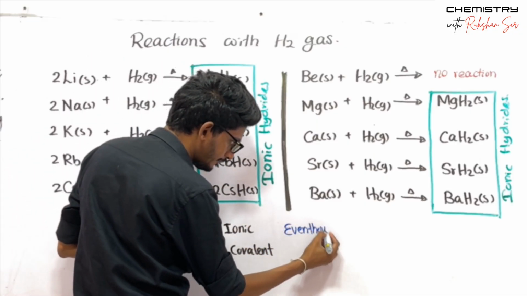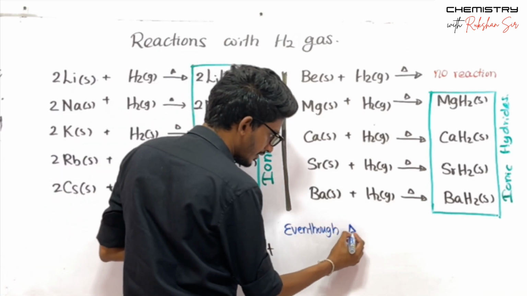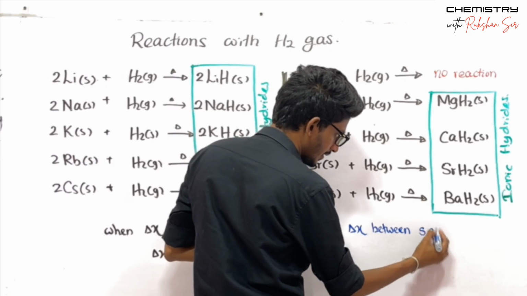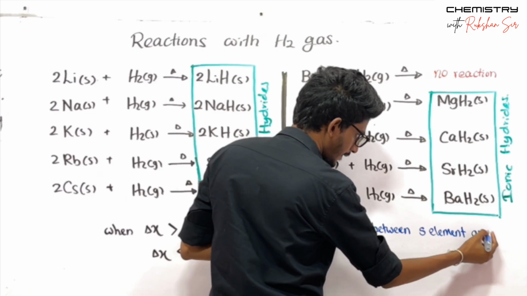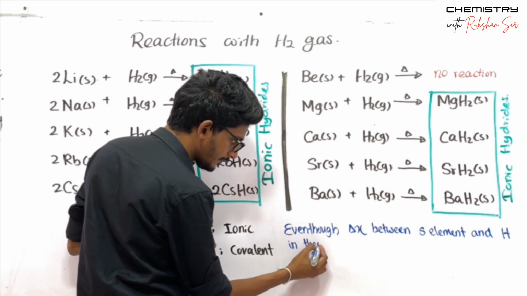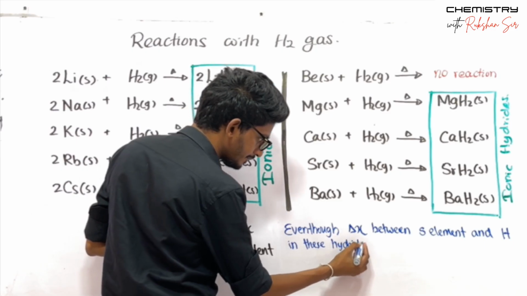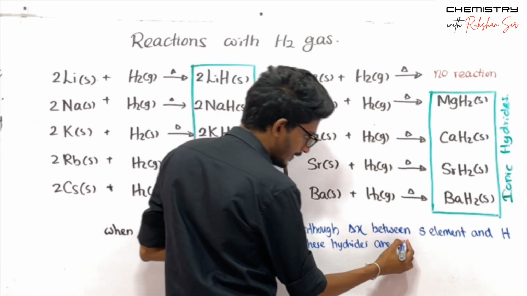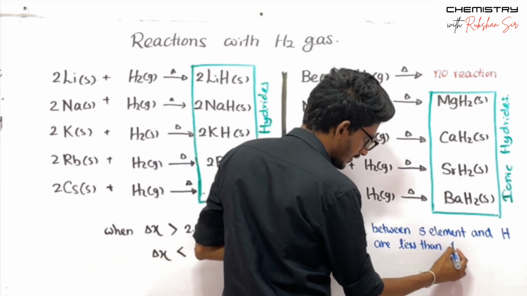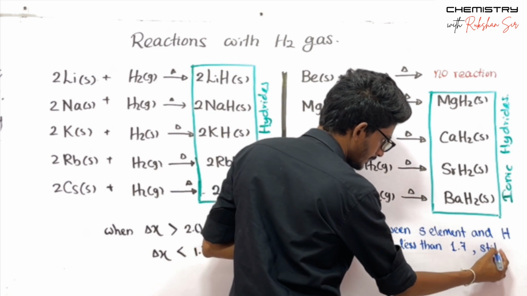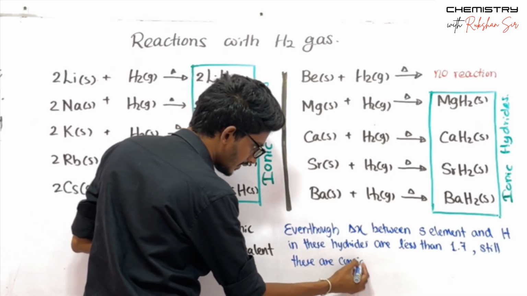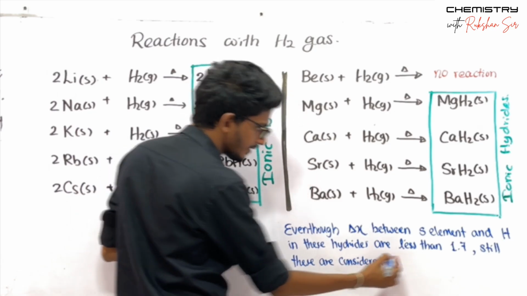Even though the electronegativity difference between S elements and hydrogen in these hydrides is less than 1.7, these are still considered as ionic hydrides.